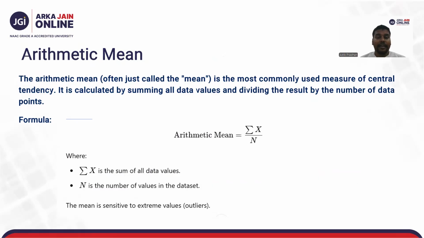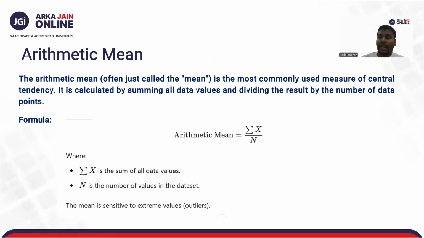The arithmetic mean, also called just the mean, is the most commonly used measure of central tendency. It is calculated by summing all data values and dividing the result by the number of data points.